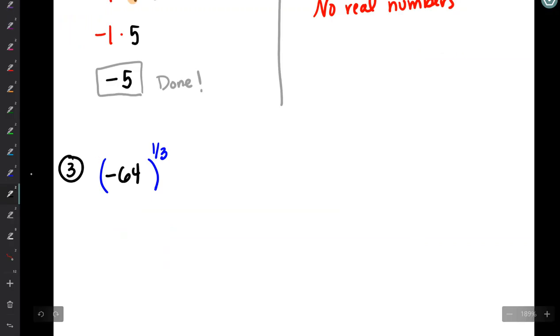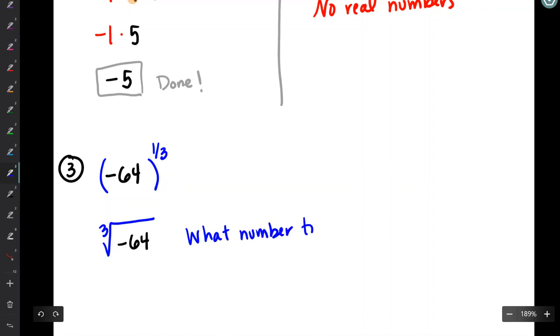Okay, so the fractional exponent is notation here for cube rooting. So this is asking me what number cubed, in other words, what number times itself 3 times is -64?